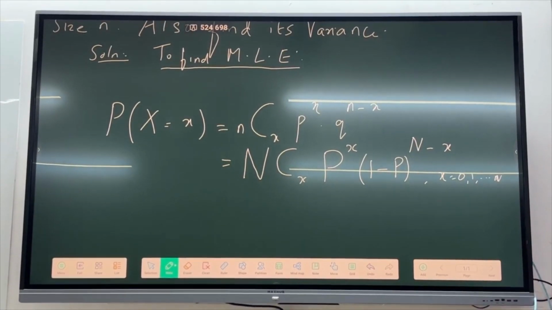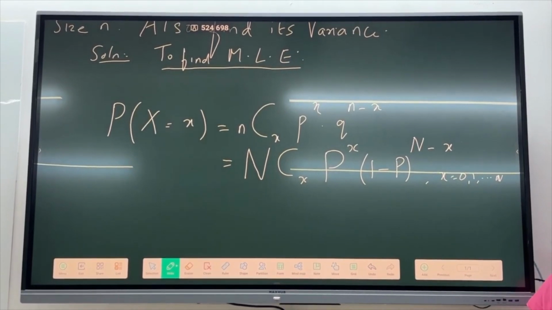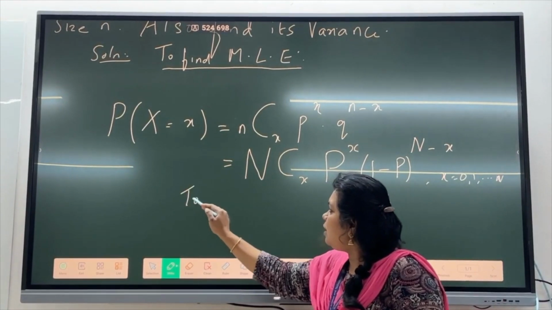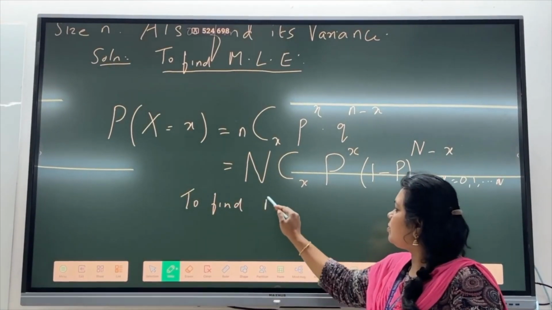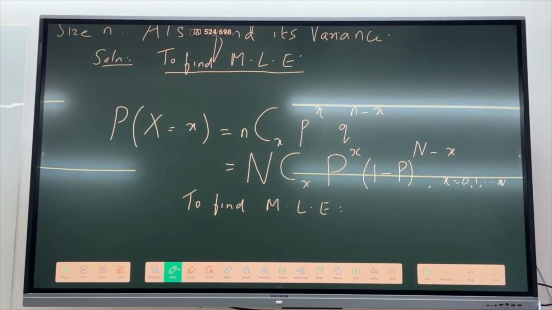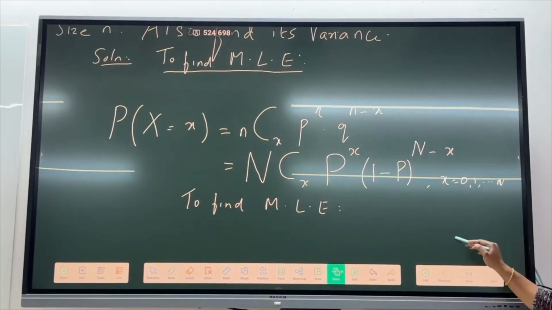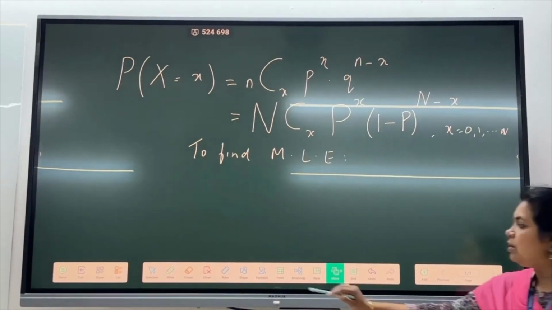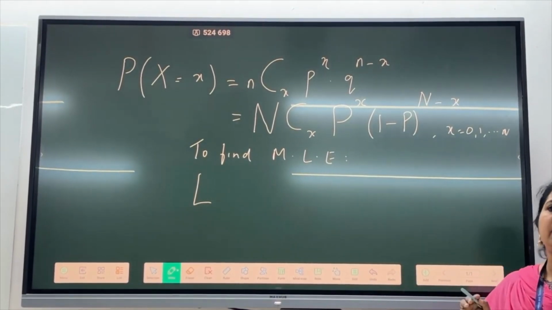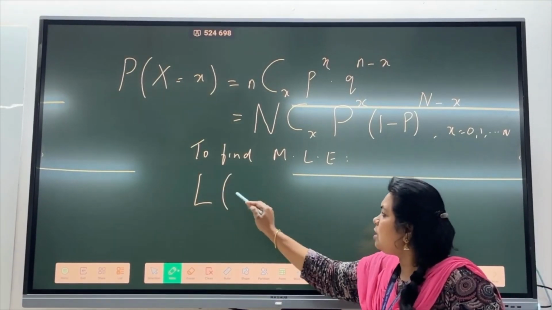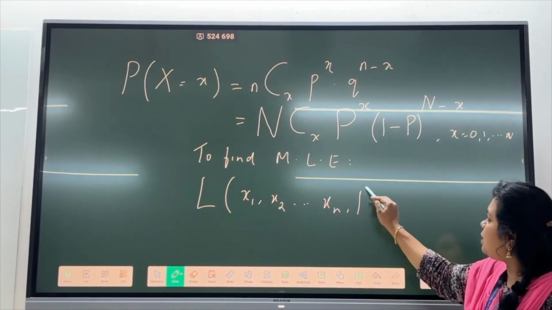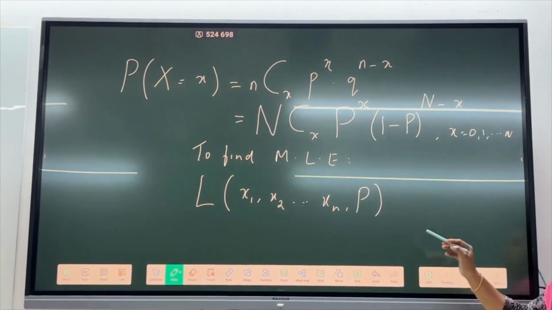Now, the next step is to find the likelihood estimator. To find the MLE, the formula is the likelihood function L of x1, x2, etc., xn, comma capital P. Why did I write capital P?